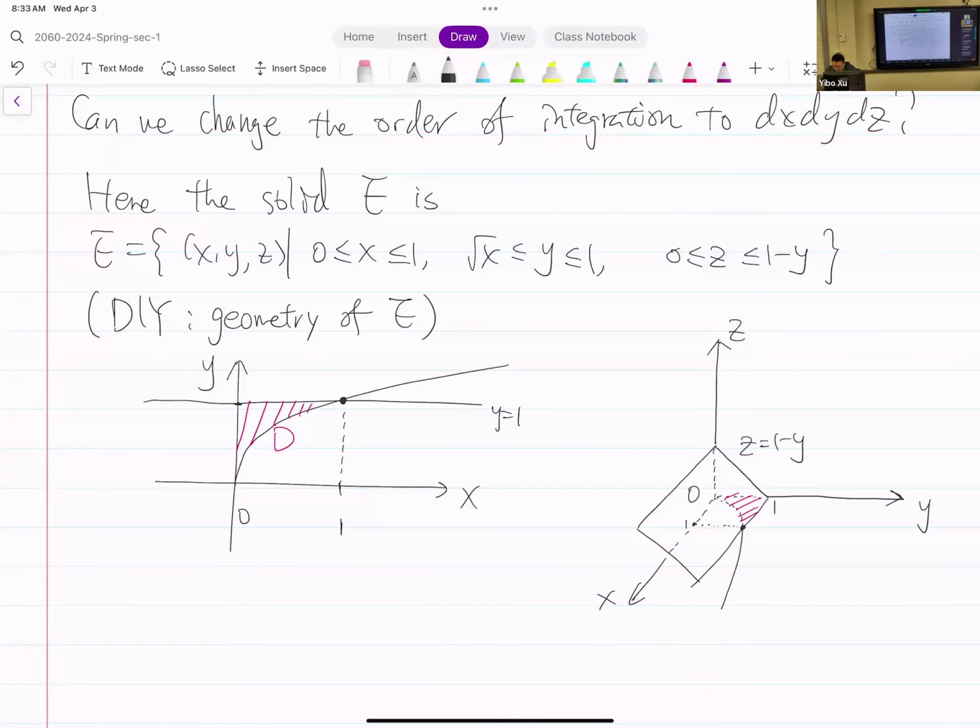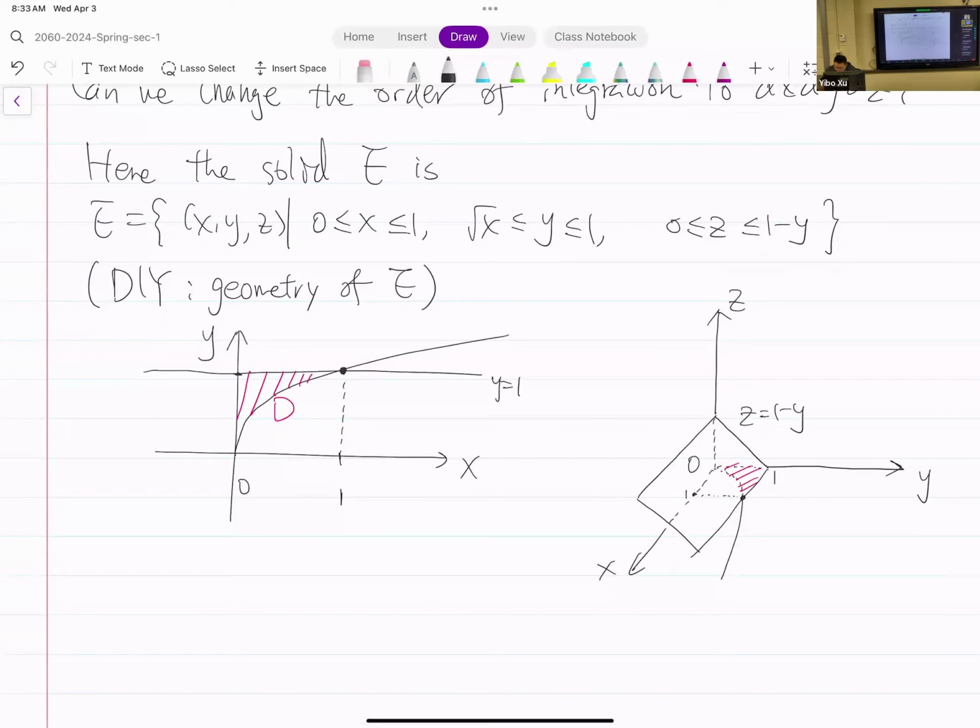And now, if you're looking at this shape, it's not really clear what the front looks like, but the back is on the yz plane right here. So that's the back end. Okay? And this side is the intersection of two planes, and also that is the boundary of the bottom of the solid.